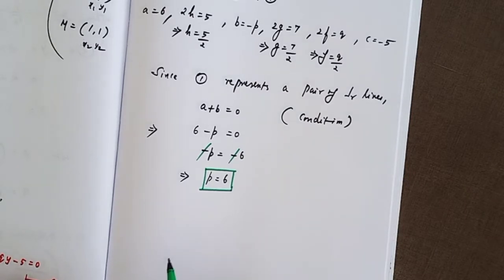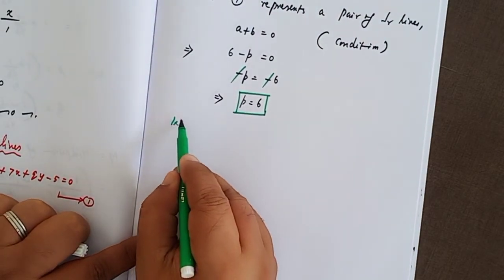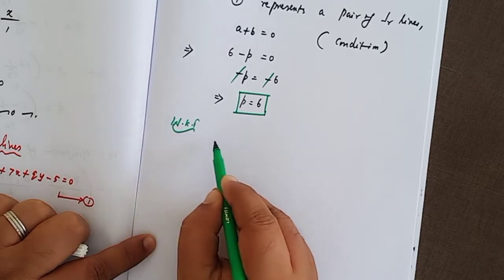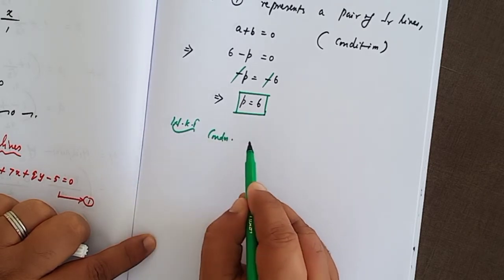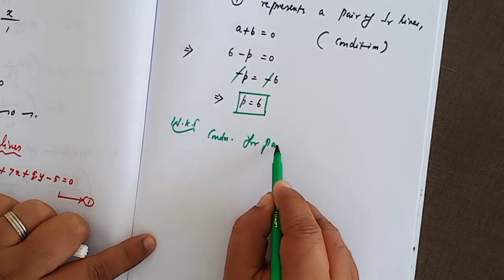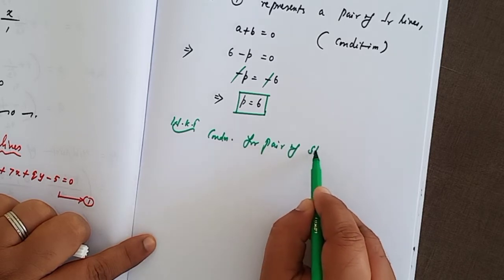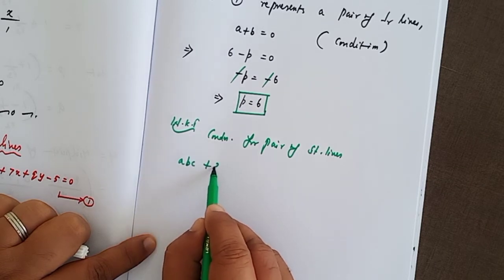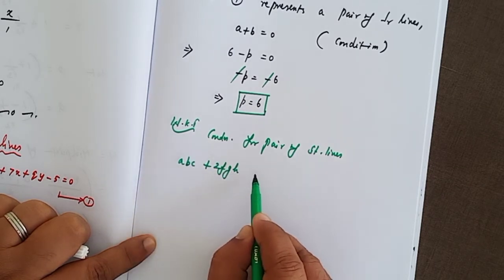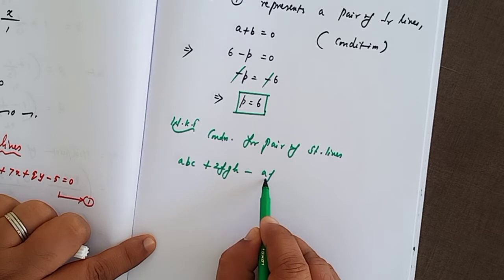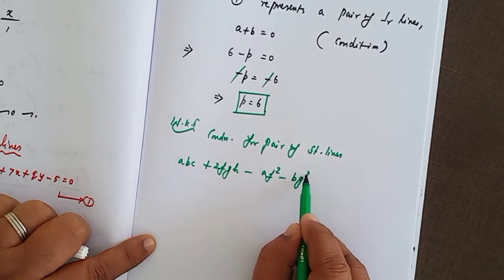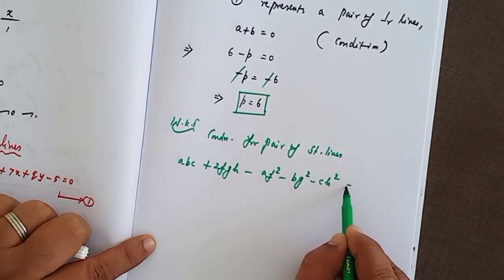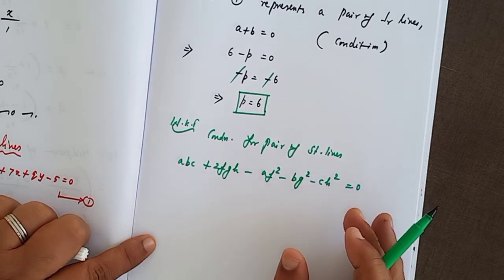We know the condition for a pair of straight lines: abc plus 2fgh minus af squared minus bg squared minus ch squared equals 0.